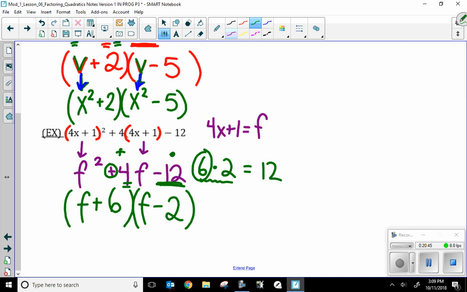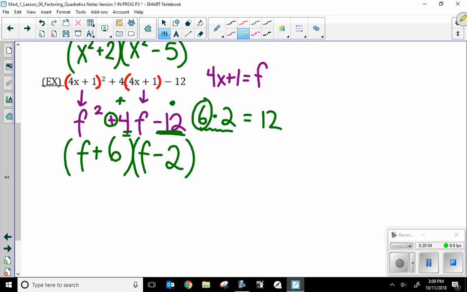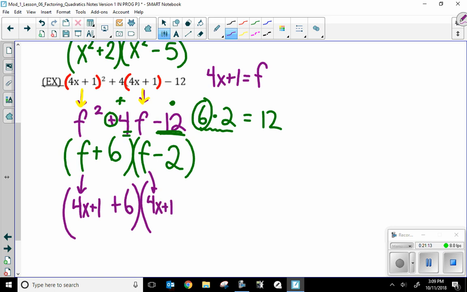but I can't give my answer with f in it. Whatever I took out to put the f in. So initially, I took 4x plus 1 out to put my f in. So now it's time to take the f back out and put my 4x plus 1 back in, plus 6, 4x plus 1 minus 2.